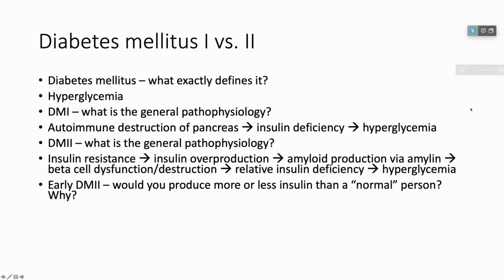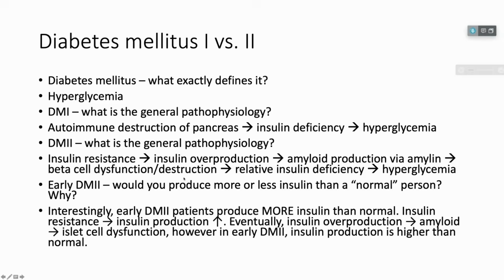So Elaine, would you produce more or less insulin in early diabetes type 2 than a normal person? You would produce more insulin than a normal person. Why? Because in type 2 diabetes, you have insulin resistance, so your body tries to compensate by overproducing insulin. Yeah, exactly.